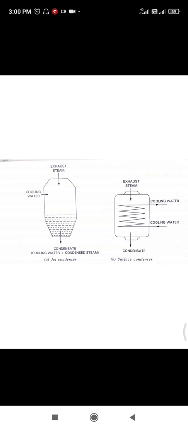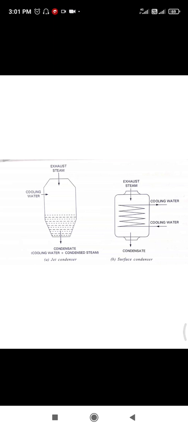Less quantity of cooling water is required in jet condensers, whereas surface condensers require a large quantity of cooling water. In jet condensers, low vacuum is maintained, whereas in surface condensers, high vacuum can be maintained.